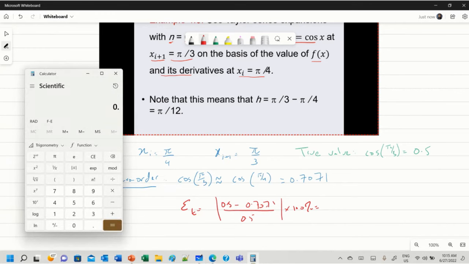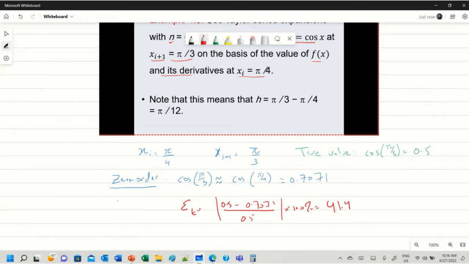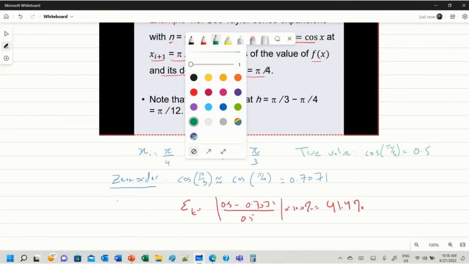So 0.5 minus 0.7071 divided by 0.5 multiplied by 100. So it's 41%. Of course, you can take the absolute value. You don't have to keep the negative sign there.